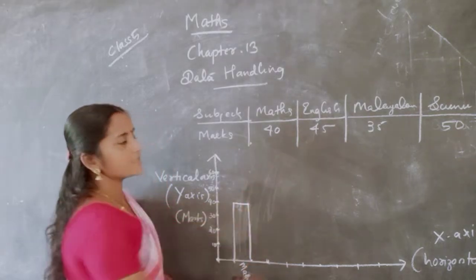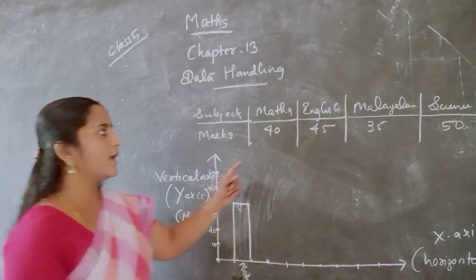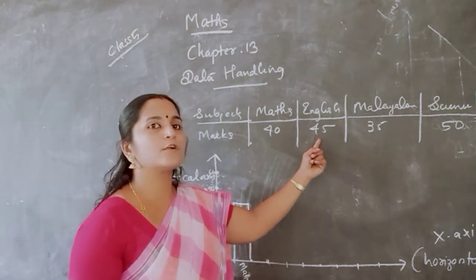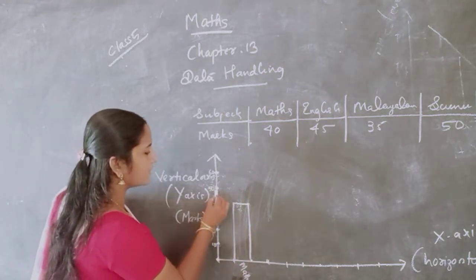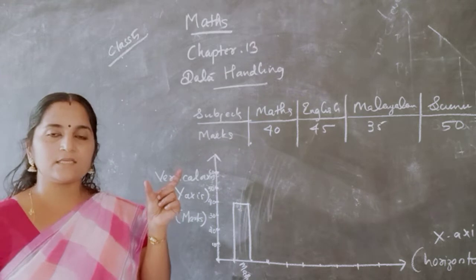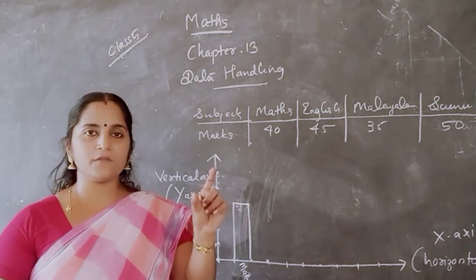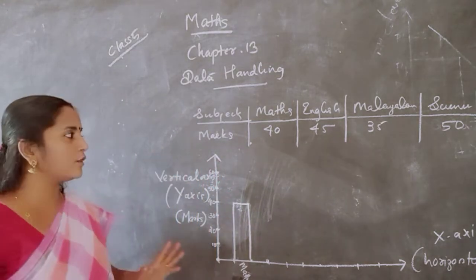Again you leave 1 centimeter and here you take 1 centimeter. Which is the next subject? English. And what is the score? 45. 45 means clearly we know that it lies between 40 and 50, and it should be at the center of 40 and 50.